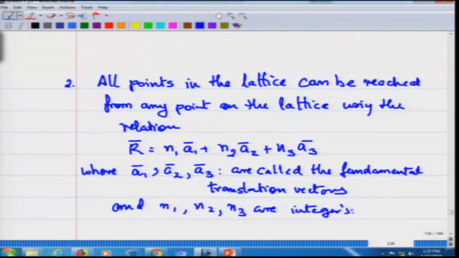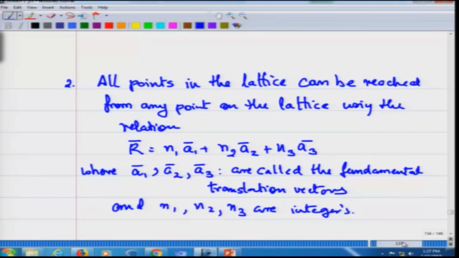They can be positive, negative, 0 integers, does not matter. The idea is that if you have a Bravais lattice, then you can go from any point on the Bravais lattice and you can reach any other point on the Bravais lattice by using this relation.